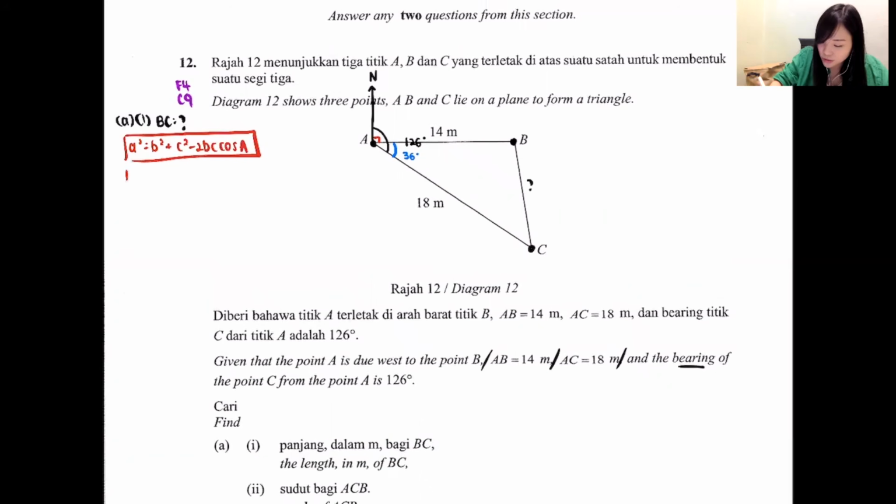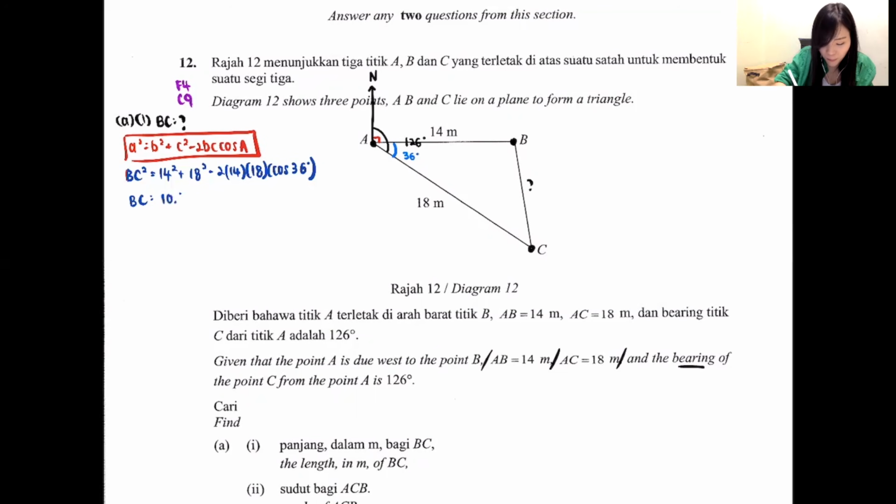So BC squared, one side is 14, another side will be 18. 14 squared plus 18 squared minus 2 times 14 times 18 times the middle angle, cos 36 degrees. All I need to do is press the calculator. 14 squared plus 18 squared minus 2 times 14 times 18 times cos 36, then square root.